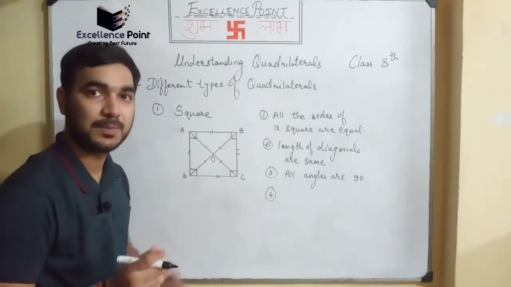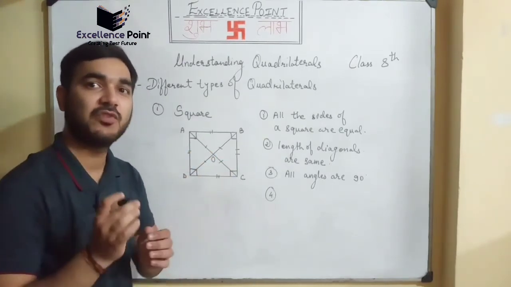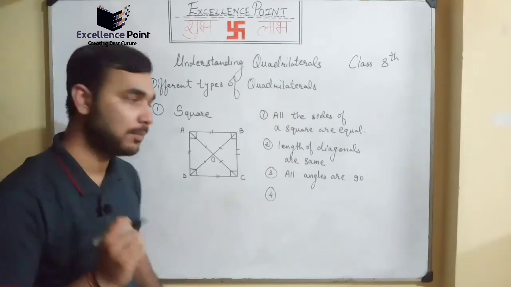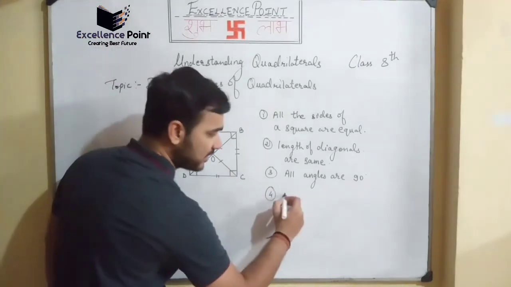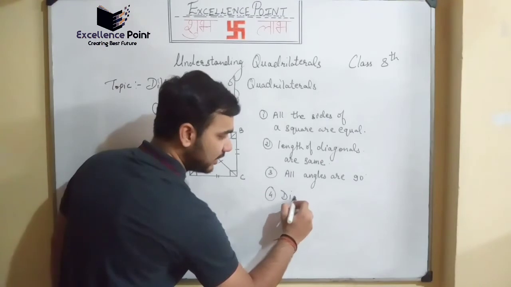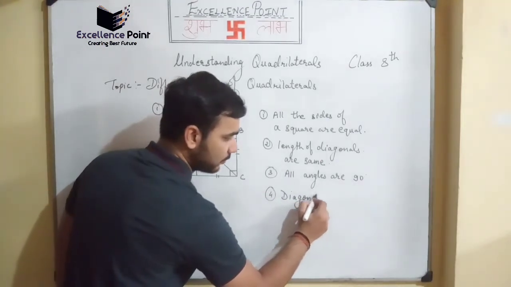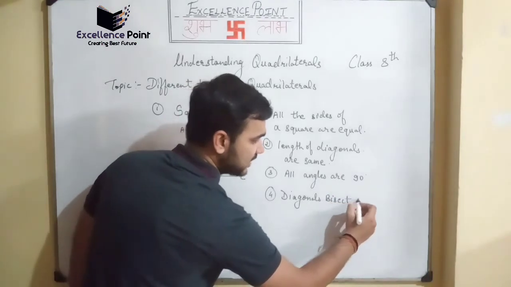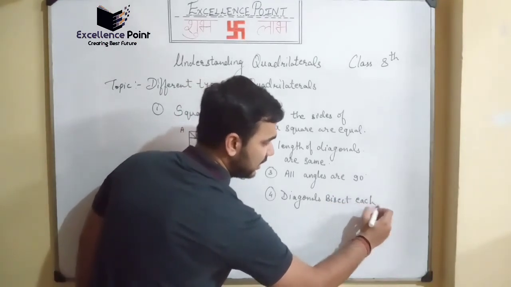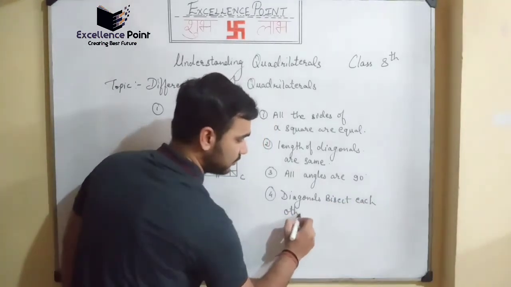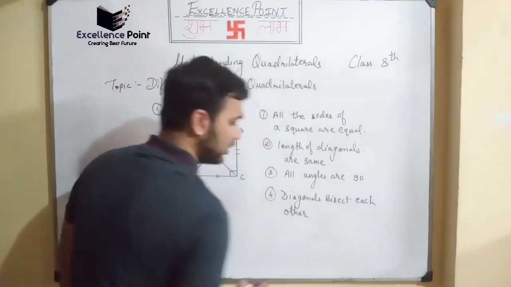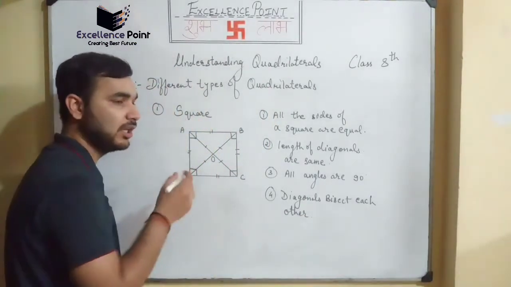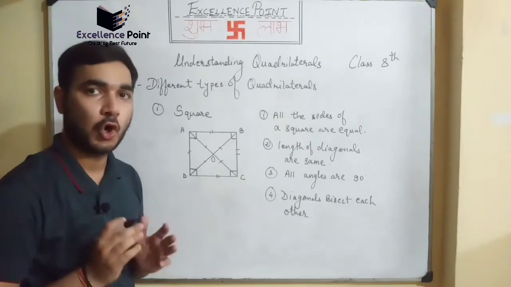The diagonals bisect each other means they divide each other into two equal parts. These are the four properties which we generally observe.